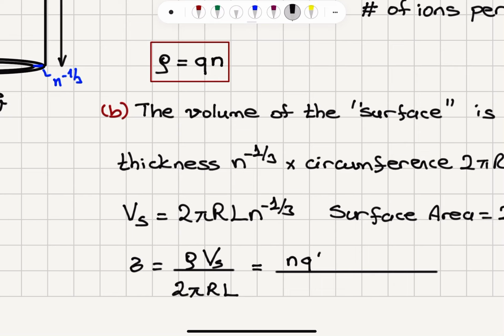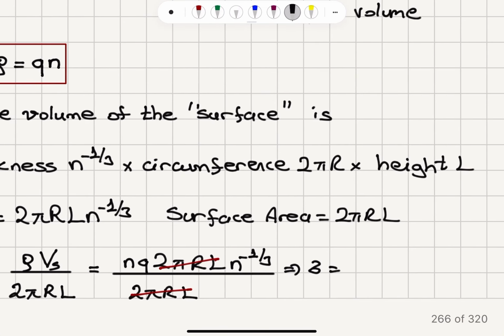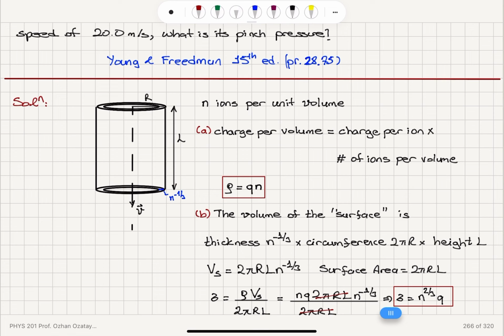Then we have 2 pi capital R L n to the power minus 1/3, that's the volume of the surface, divided by 2 pi capital R L. The 2 pi capital R L's will cancel, and we will obtain the surface charge density, sigma, to be n to the 2/3 times Q, because I have n to minus 1/3 and n. That's the surface charge density, sigma.